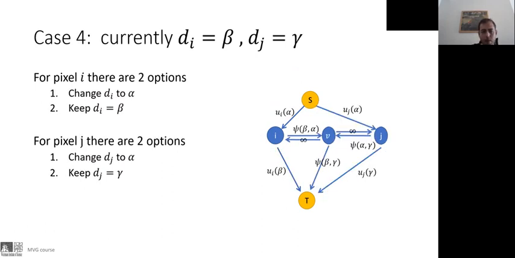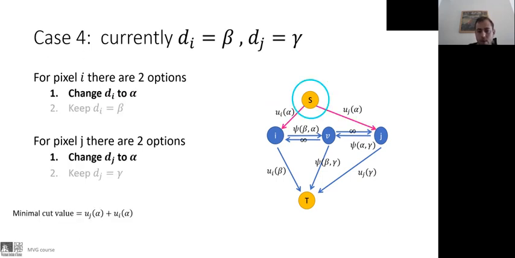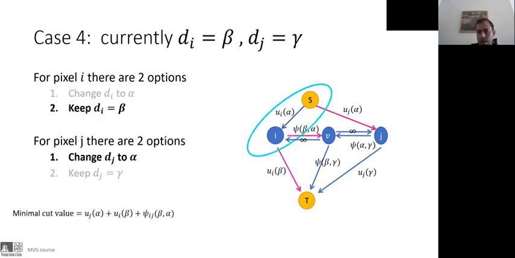And the 4th case, which is more complicated: I and J have different disparities, which are both different than alpha. And I want to allow both of them to change to alpha. If I have this cut, I will change both of them to alpha. In this cut, I'll only change J to alpha.